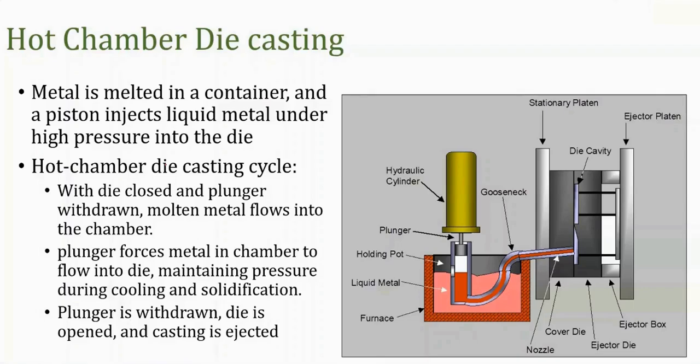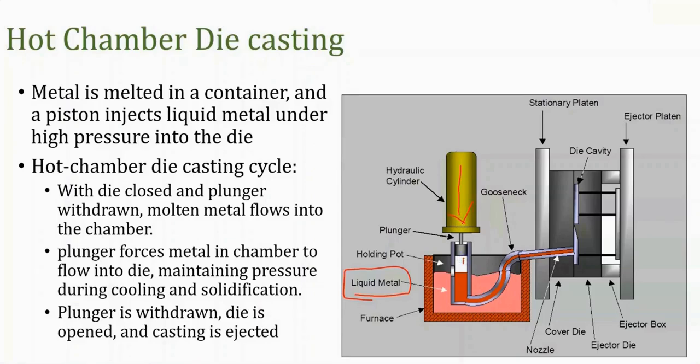Initially you put in some solid material, and using this furnace it is made into liquid material. That means the state of the material is converted from solid to molten. After that, this hydraulic cylinder is started, right? The hydraulic cylinder is extended and the plunger is moved.